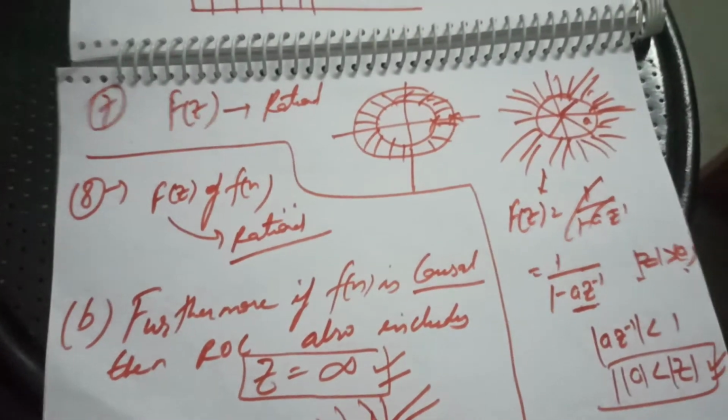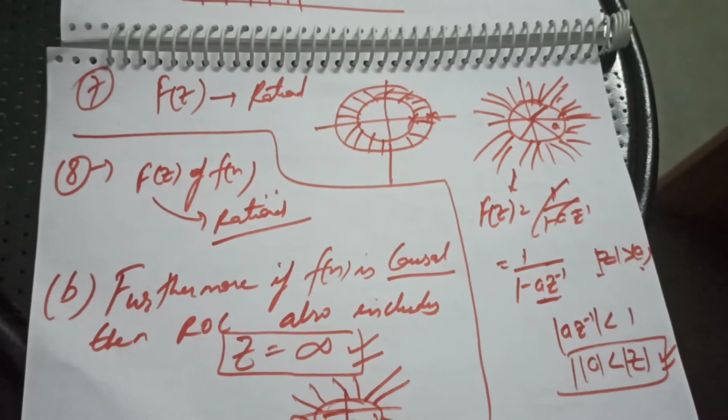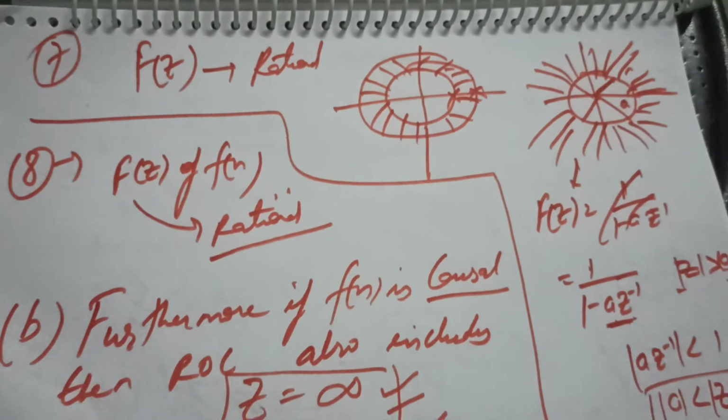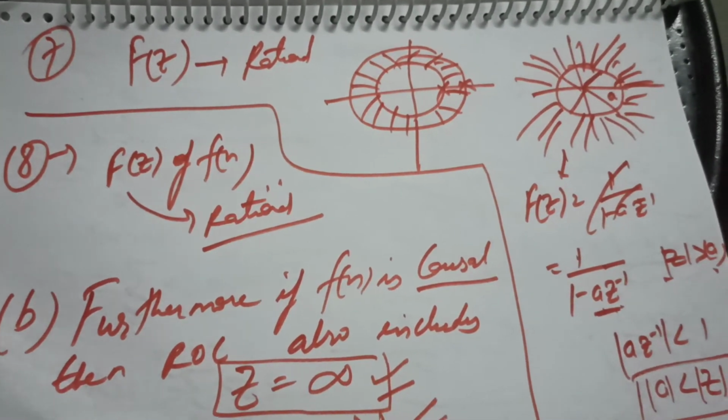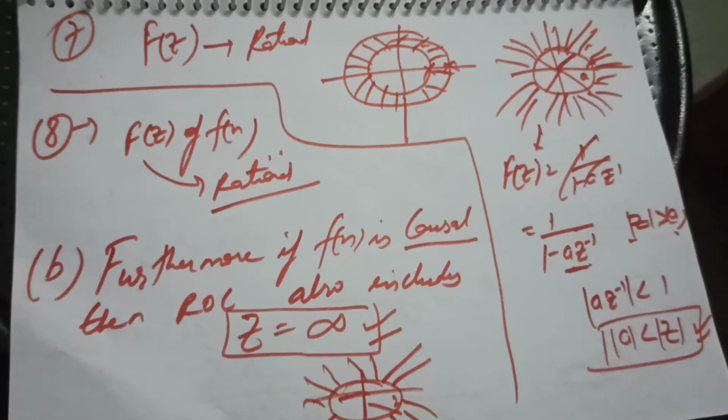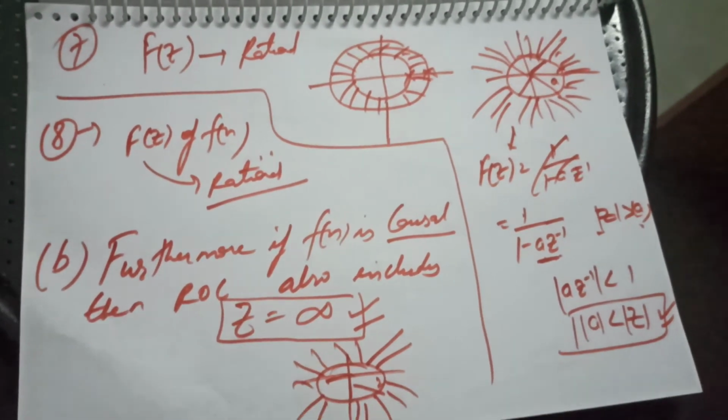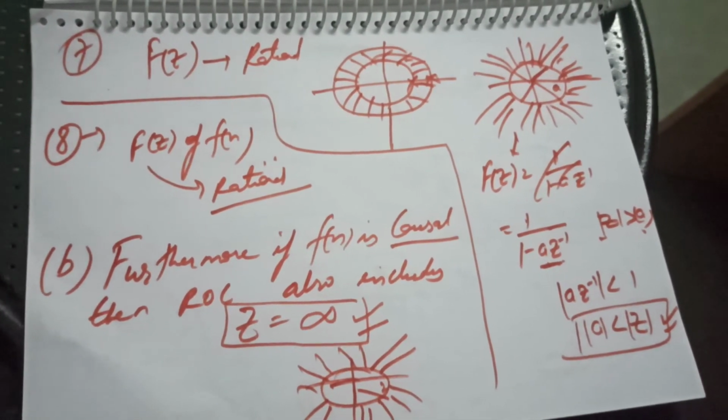Now coming back to F(z) equals rational. Have a look at this rational value. Now the 8th point is very interesting, that is F(z) of f(n) rational.